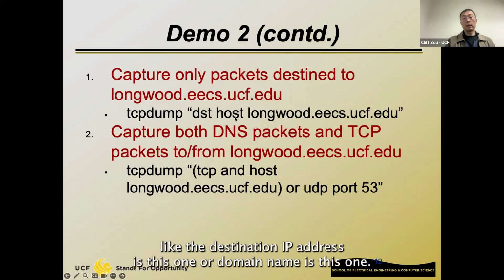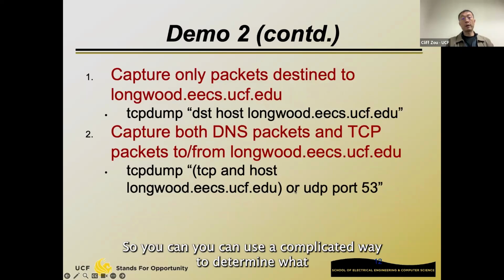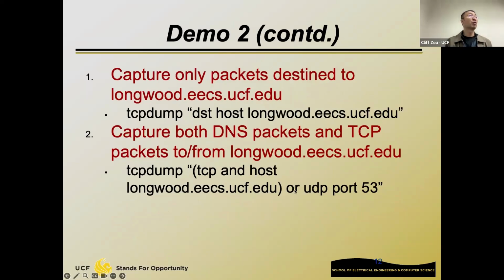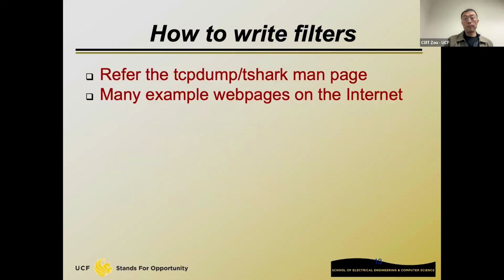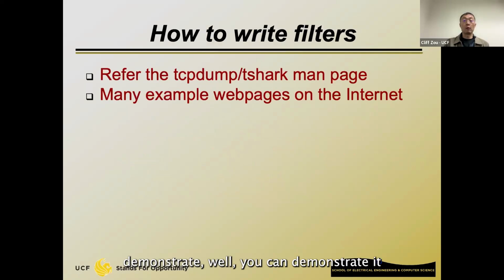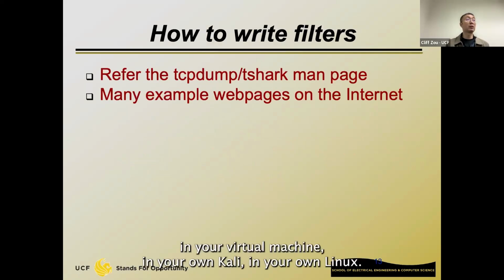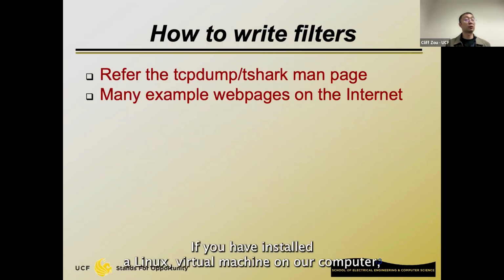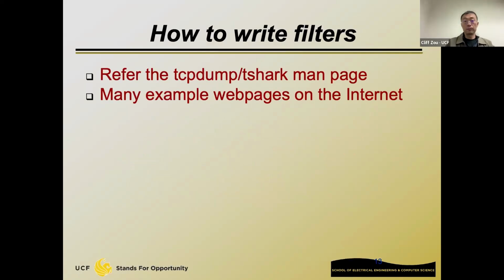You can also filter by destination host, for example where the destination IP address or domain name is a particular one. So you can use a complicated way to determine what traffic you want to capture. We cannot demonstrate it here, but you can try it in your own Linux virtual machine.